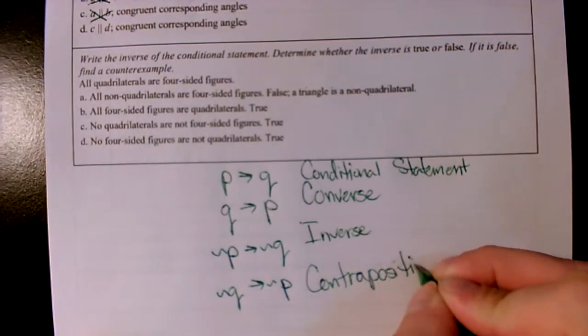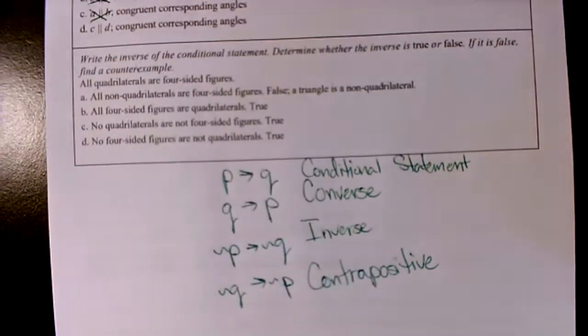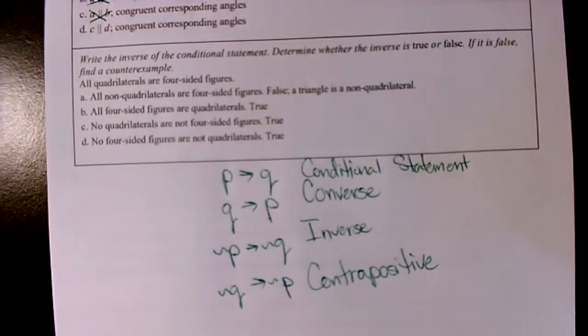Now, this is a review, so I'm taking my time going through these and just making sure we understand every part of it. Okay? All right, my job is to find the inverse. So I'm throwing nots in front of everything.